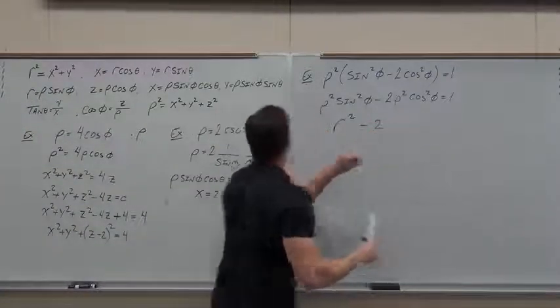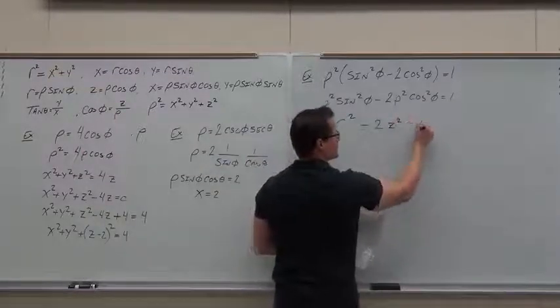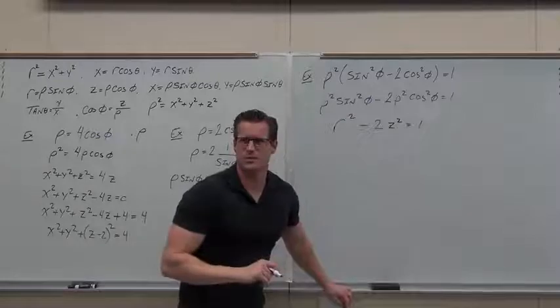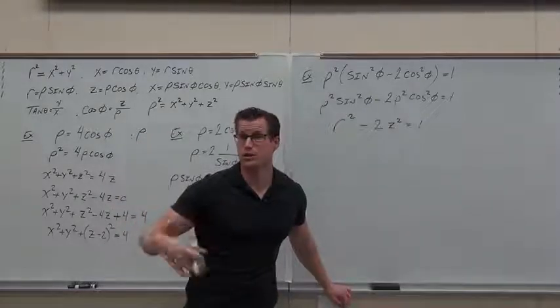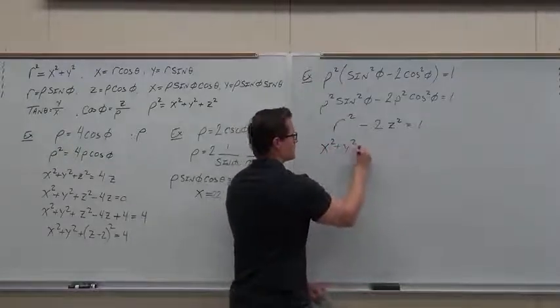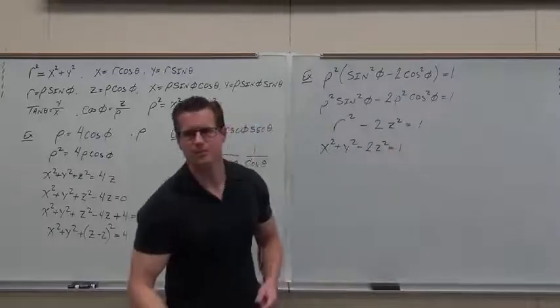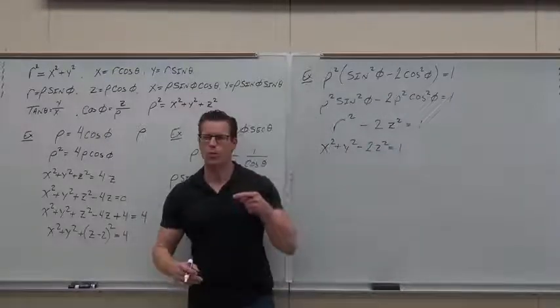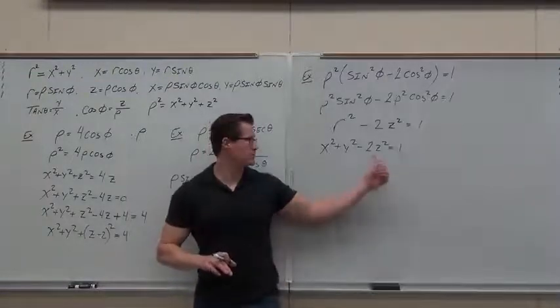If rho cosine phi is z, then this is z squared. You guys catching the picture here? But wait, I want rectangular. What's r squared? Quickly, how many variables? All squared. One negative with a constant, what is it? One sheet hyperboloid along the z.